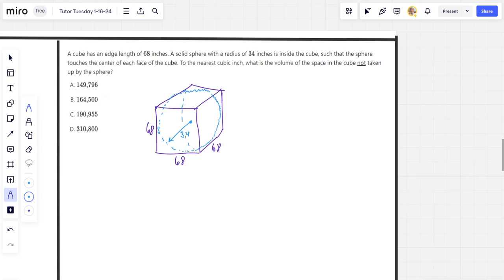To the nearest cubic inch, what is the volume of the space in the cube not taken up by the sphere? We want to find out basically this orange shaded region. It's kind of the corners where the sphere doesn't quite catch up to the cube. That empty space.